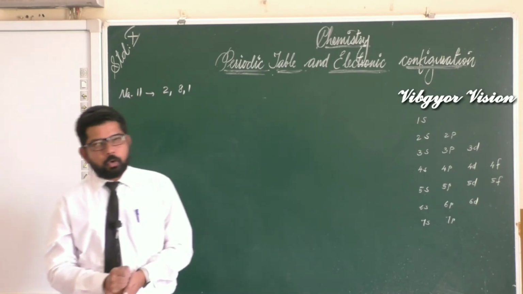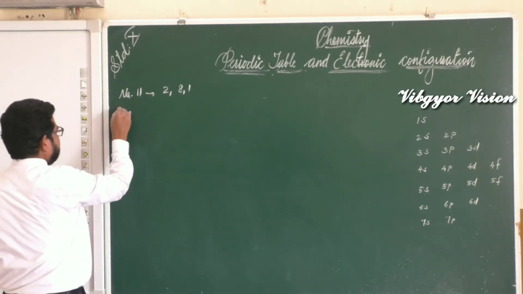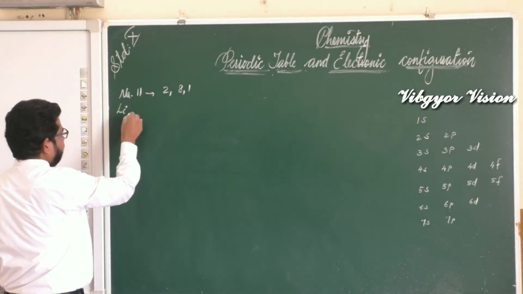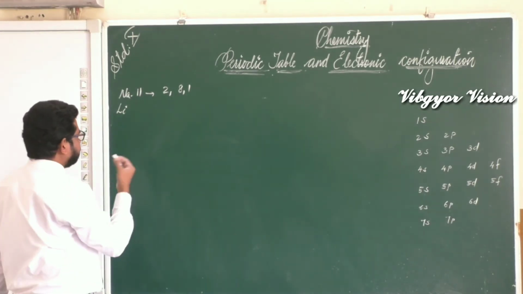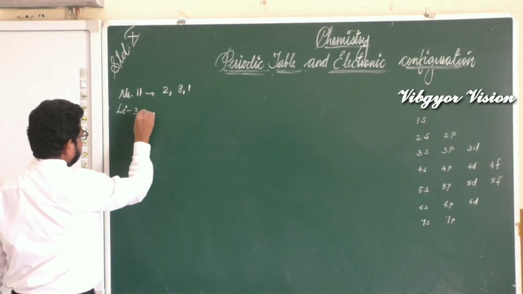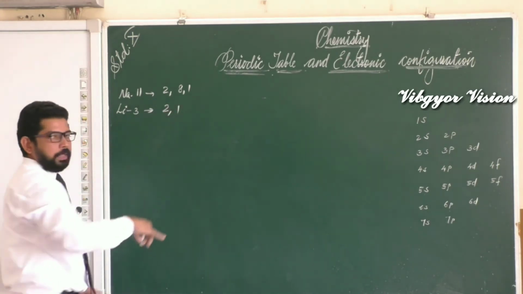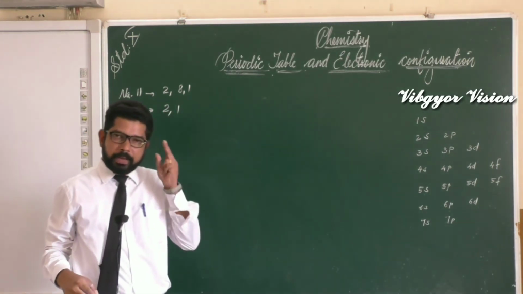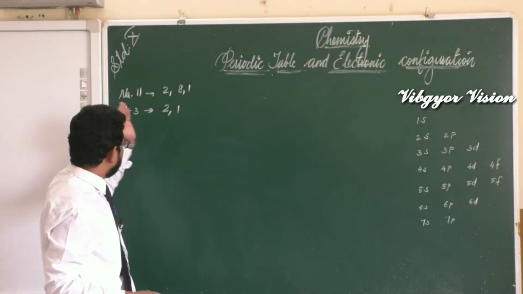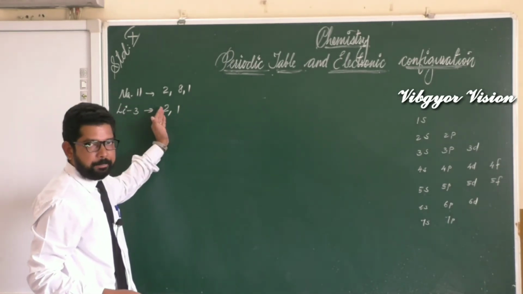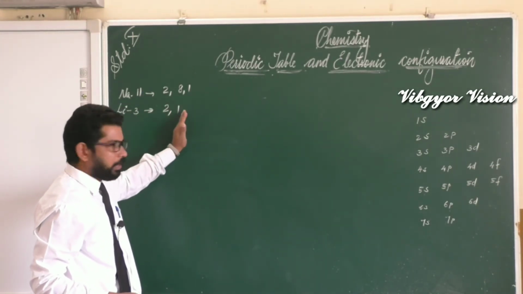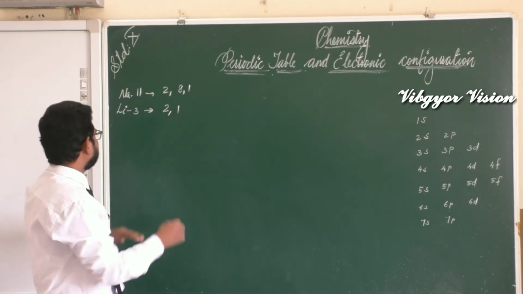Let us write the electronic configuration of some elements. Lithium: the atomic number of lithium is 3, so its configuration is 2, 1, because the K shell can accommodate 2 electrons. The first 2 electrons went to the K shell, and the remaining 1 electron went to the L shell.